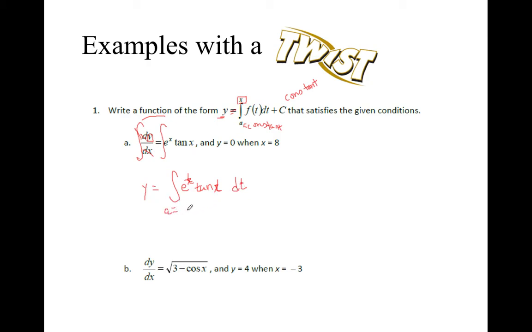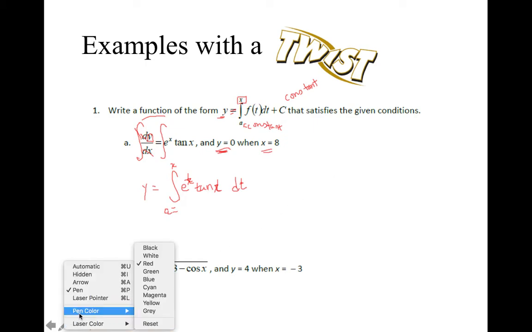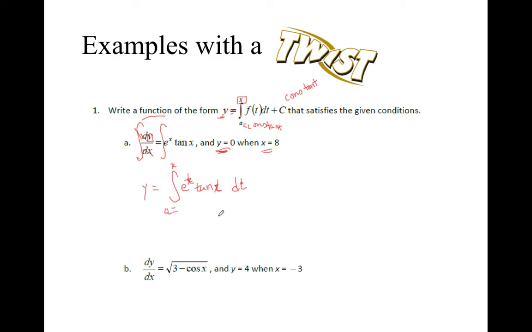What's my constant? And they want me to put x up here, right? So what's my constant that I can start at if y is equal to 0 when x is 8? So you say to yourself, properties of integrals. What's true about the integral when you know nothing about this function?